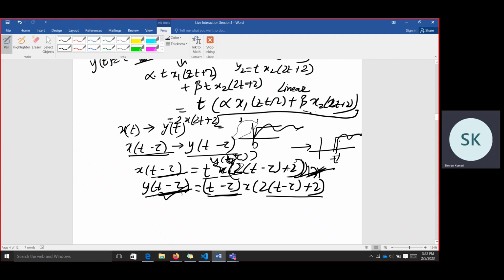I mean, if this is the response, then this is not the similar response. So the response is varying with the time-shifted input. Generally this is due to a time-varying system, and generally it is due to parameter variation.